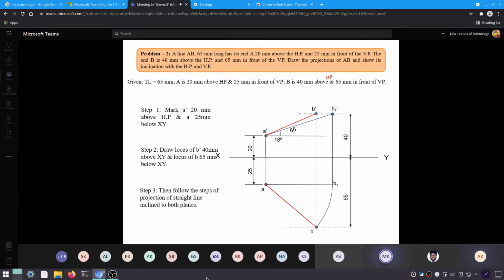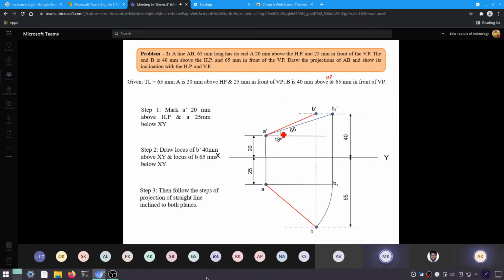Sir, in the question, how is the value of theta 18 and phi obtained? Okay. The value of theta we have calculated with the help of a protractor. Once we get the true length by making this arc, we can measure it using a protractor. What about phi?